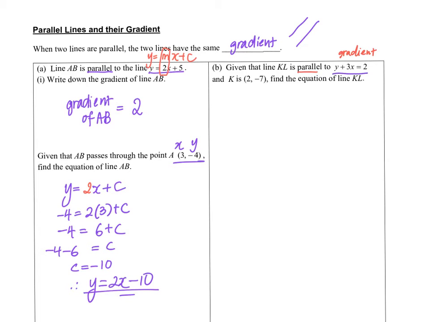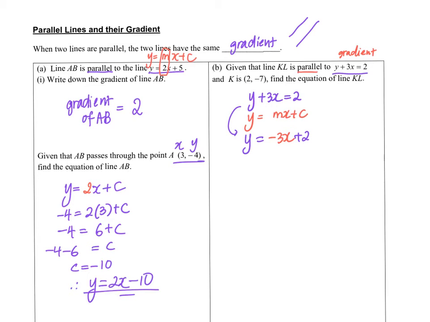Now this equation here, y plus 3x equals 2, is it of the form y equals mx plus c? Not yet, right? So let's rearrange this to y equals negative 3x plus 2. This is the line that KL is parallel to.